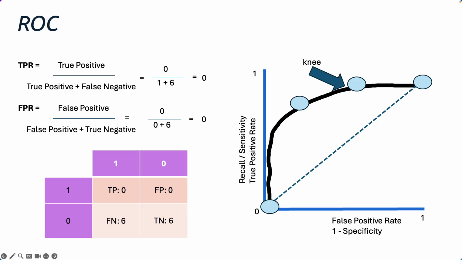Could you also choose another point? Yeah, you can also choose other points, but you want to find the best value, and that is going to be where you have the best specificity and with the best sensitivity, if that is the metric that you're trying to use to meet your requirements.